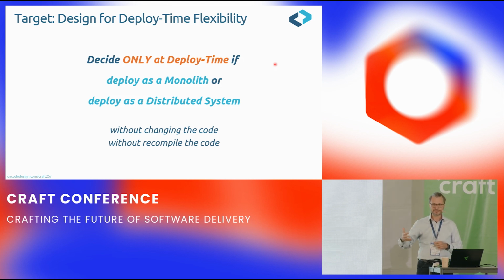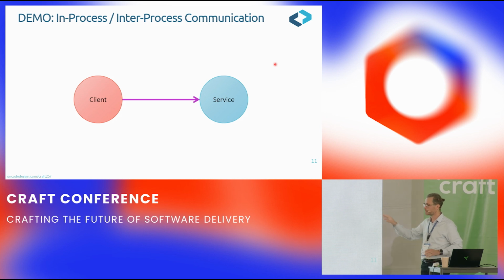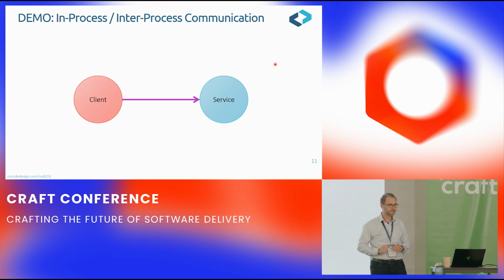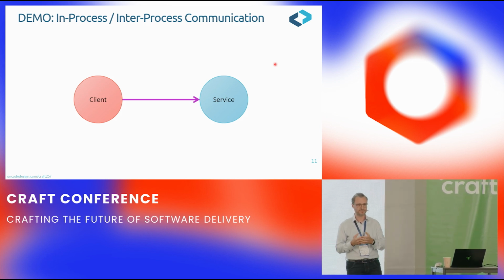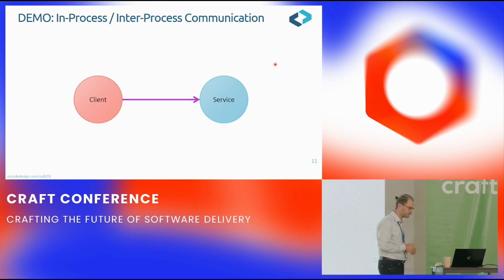So in the next part of the session, I'm going to show you how this gets built. And basically what we are going to do is to focus on this arrow over here, the communication between 2 services. Of course, one is going to be the client, the one that makes the call, and we have the service, the one that implements the function which is being called.